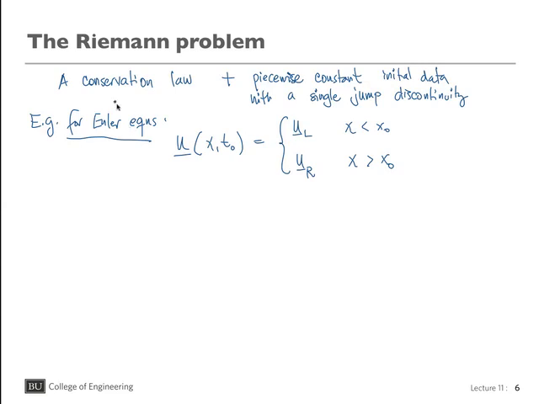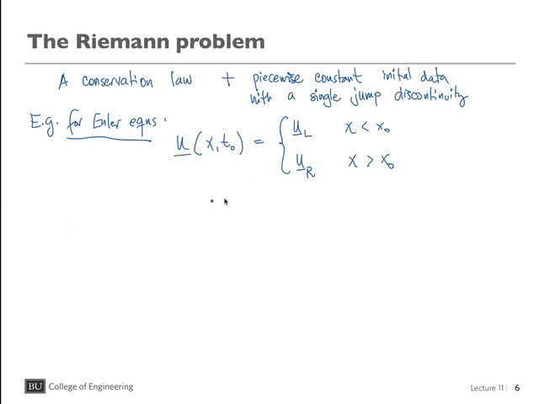And in this case of the Euler equations, u represents the full vector of independent variables, right? It's analogous to the case of the Burger's equation, where you just have a jump in u, but now this u vector includes all of our conserved quantities for the Euler equations.